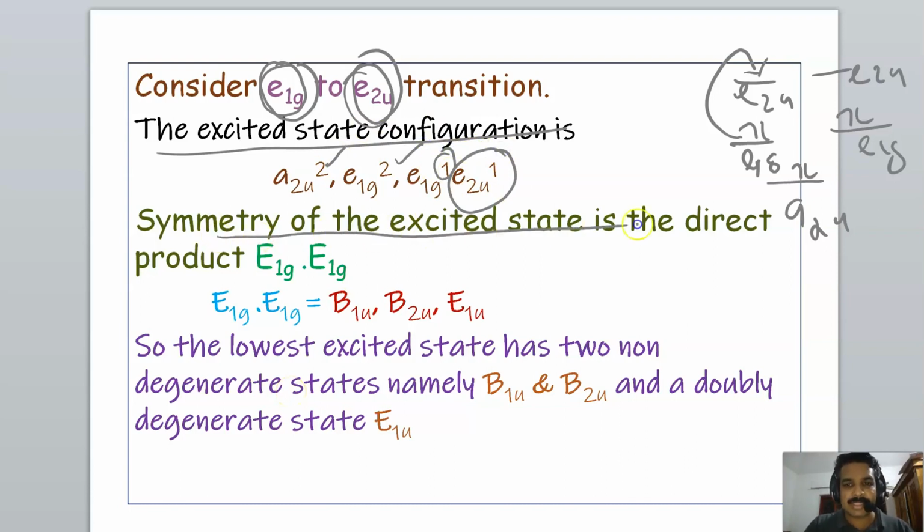The symmetry of the excited state: this is doubly occupied, so it is A1g, and this is also doubly occupied, so it is A1g.